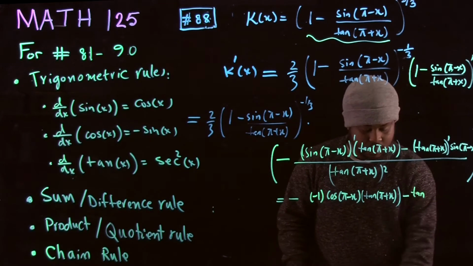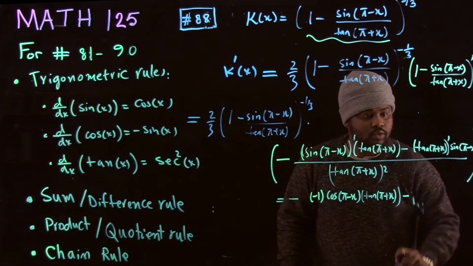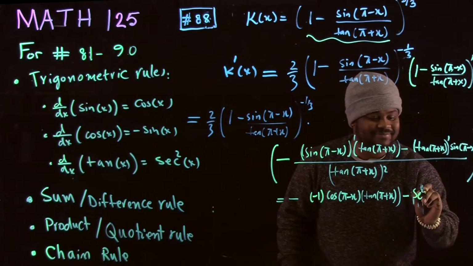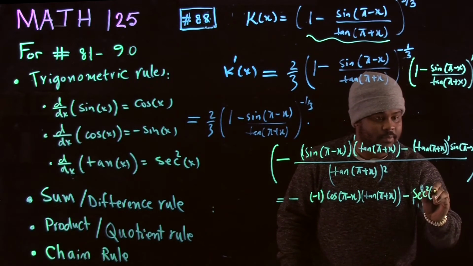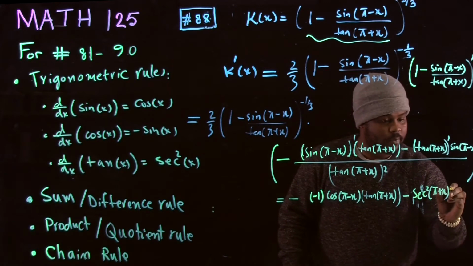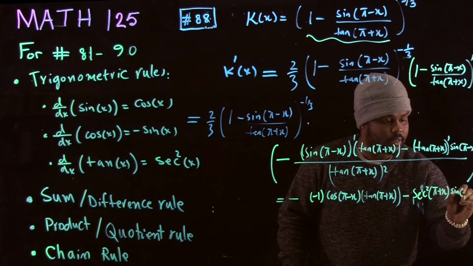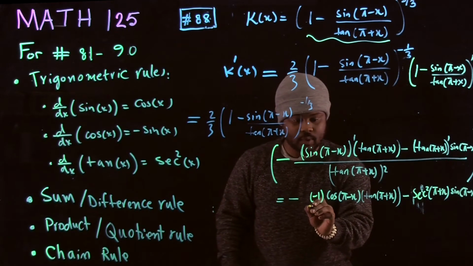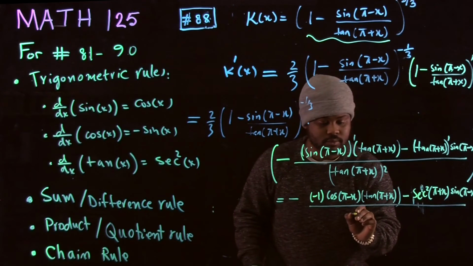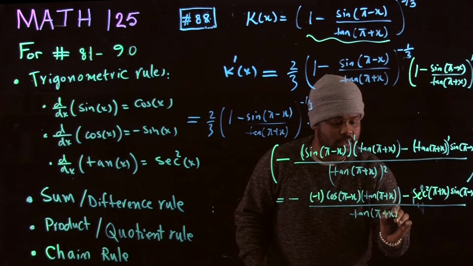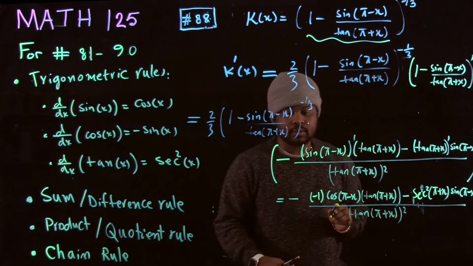So this will be secant squared pi plus x. Now I have multiplied by sine pi minus x all over tangent pi plus x all squared.